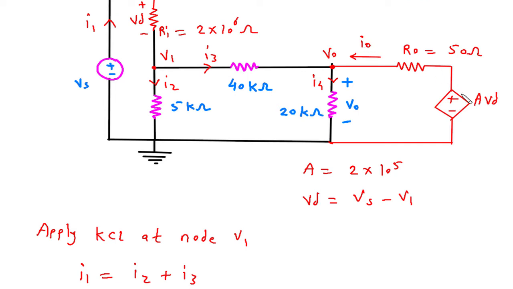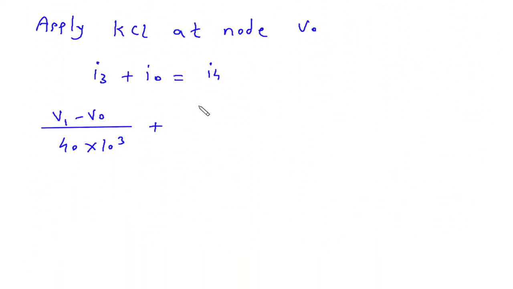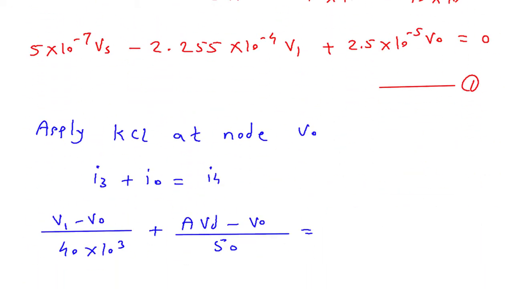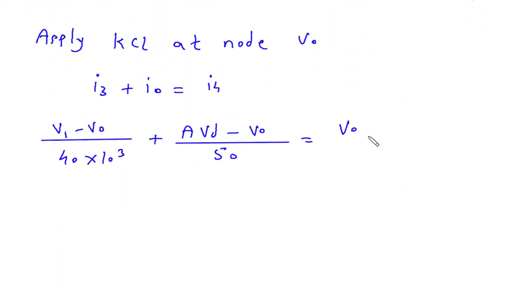Now IO is AVd minus VO by 50, is equal to I4. Now I4 is VO minus 0 by 20K, 20 into 10 to the power 3.